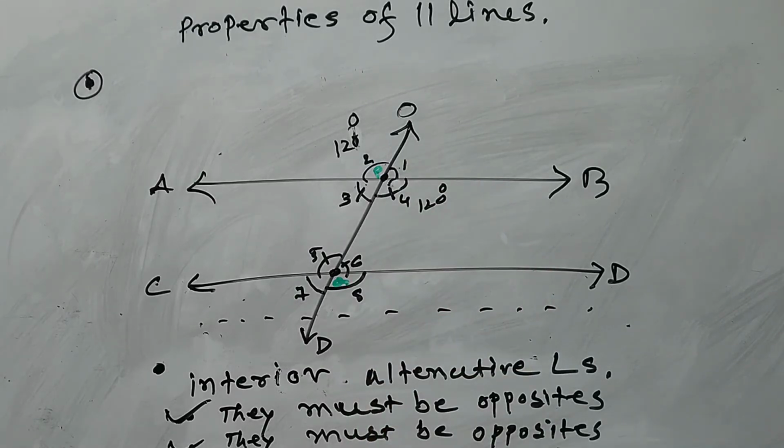So we can say that angle 3 and angle 6 are alternate interior angles, and they are equal. Very important line. They are equal.